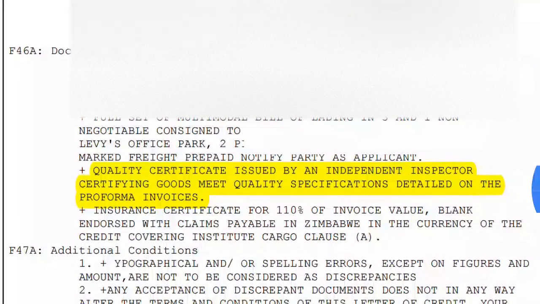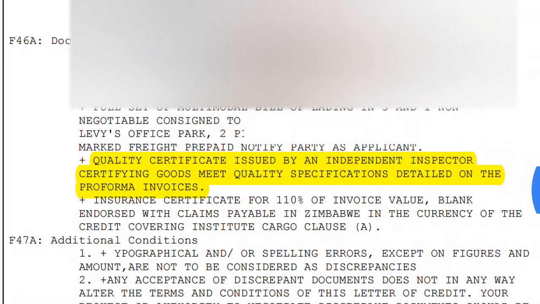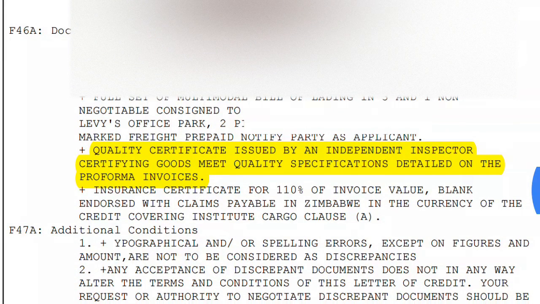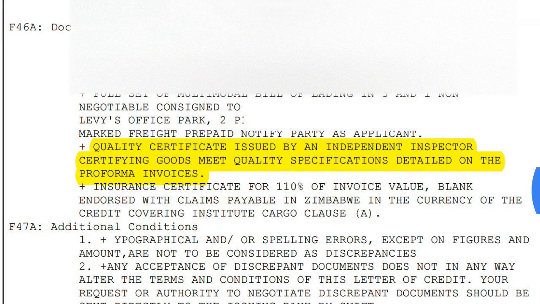Now, very important: what documents are required by the bank. Here it is mentioned: commercial invoice in original plus 2 copies, beneficiary indicating the LC number on the proforma invoice.